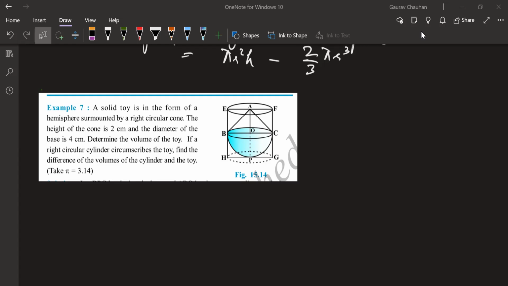The height of the cone is given. The diameter of the base is given. The base of the cone and the base of the hemisphere are the same. Let me mark that. Can you tell me in the diagram which line segment will be the height of the cone? FCG is the cone.